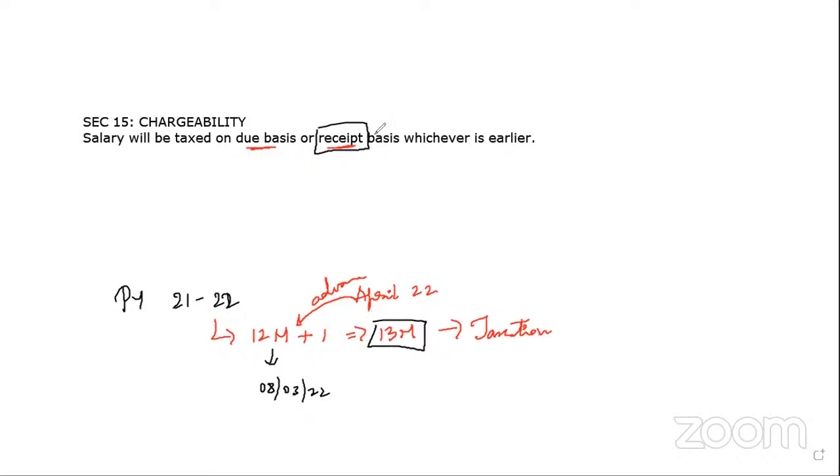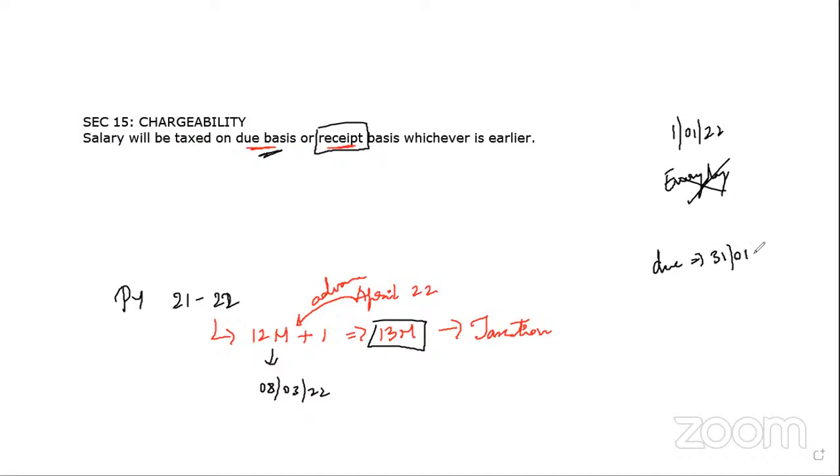Next one. What is this due basis or receipt basis? Assume you join your office on the 1st of January 2022. Will they pay you salary every day? Answer is no. Every day they're not going to pay. But salary gets accumulated every day, but it is due when? It is due on the last day. What is the last day?